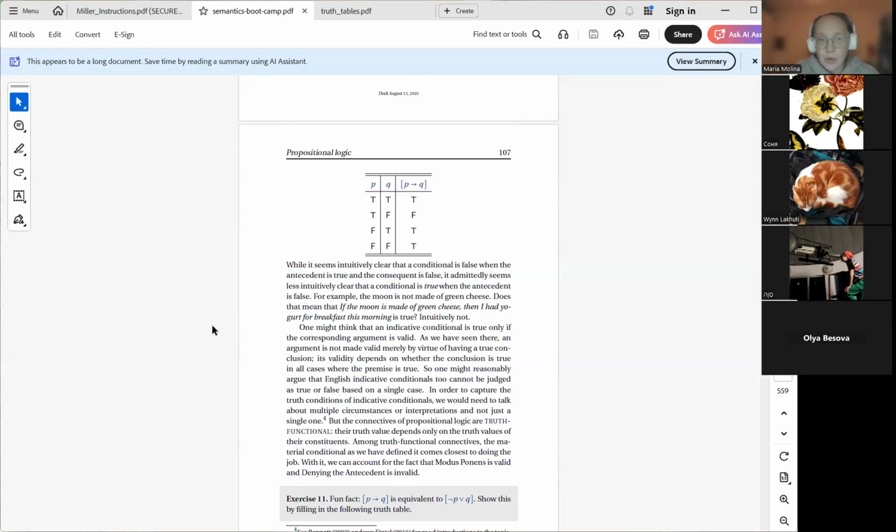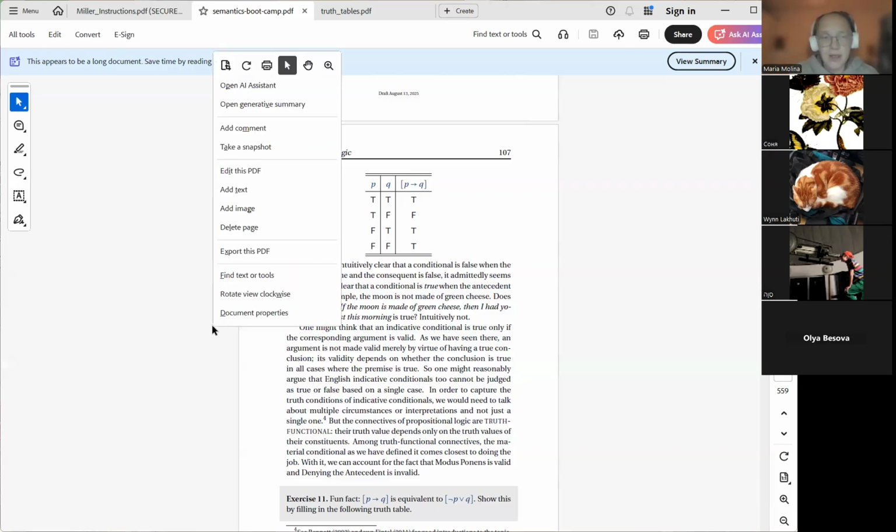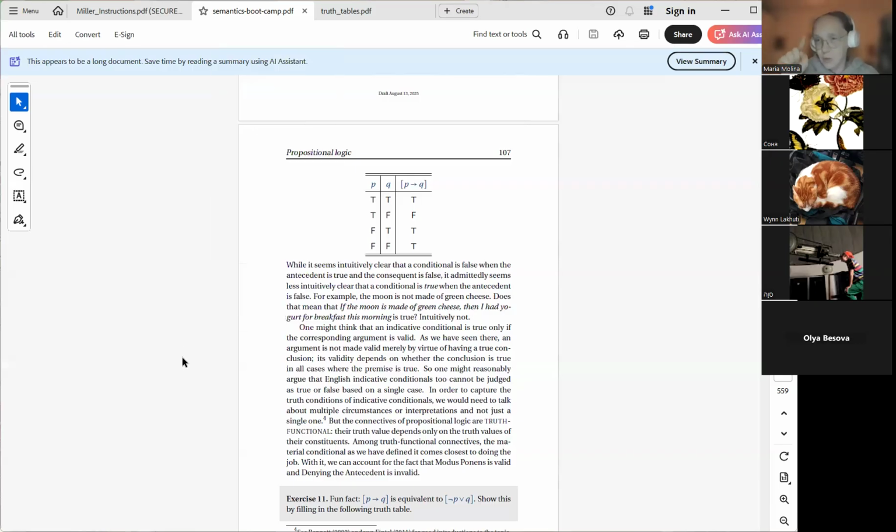So one might reasonably argue that English indicative conditionals too cannot be judged as true or false. That's why we decided to put question marks.